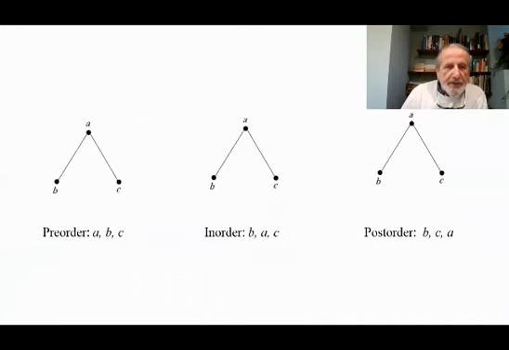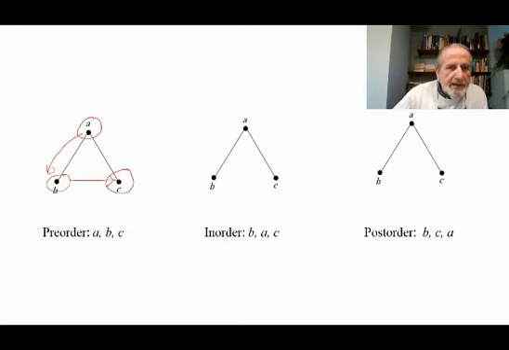First, let's start with a very simple, the basic. If you have a tree like this, in preorder, you start with the root, and you go to the left child, and then you visit the other children.